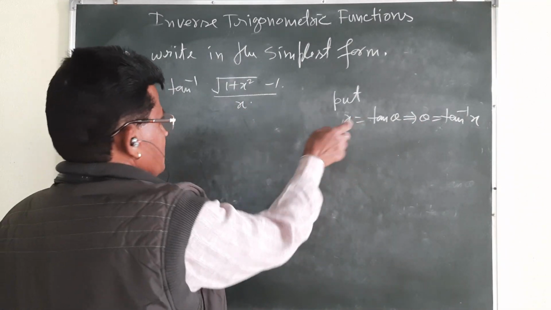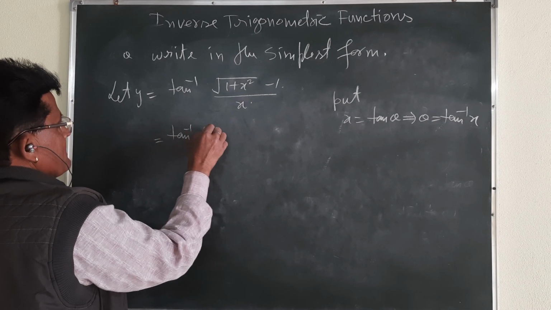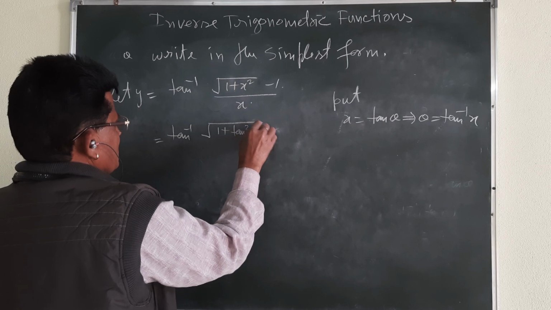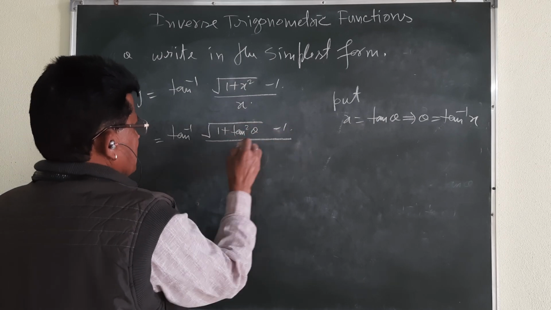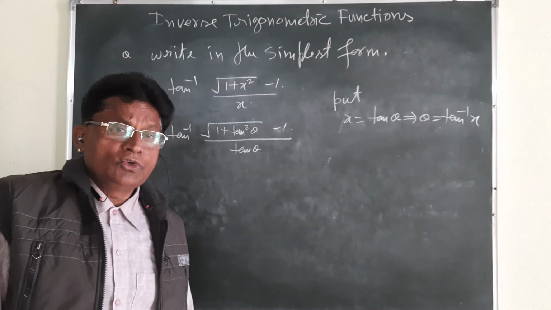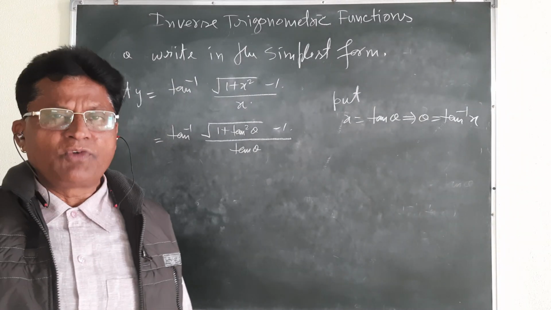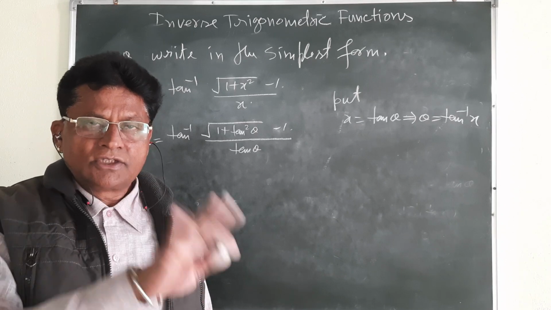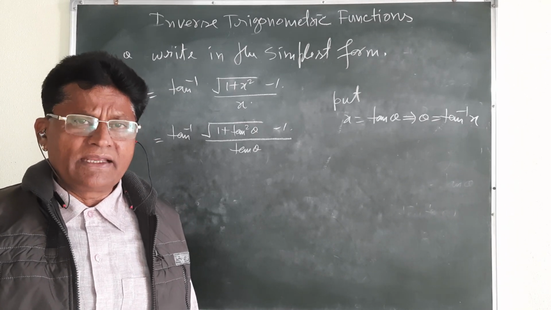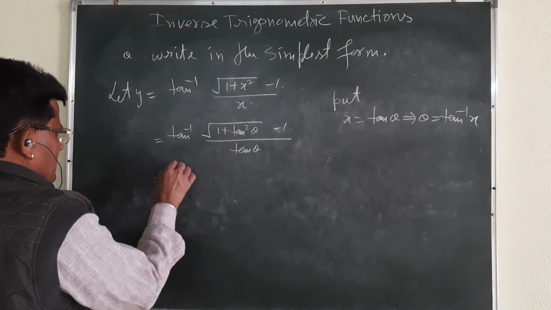Very simple thing. In place of x, you write tan theta, so tan square theta minus 1. As I told you several times, you must know the formula as well as the definition, otherwise you cannot find the solution of the question. But don't learn by heart; try to understand the concept.